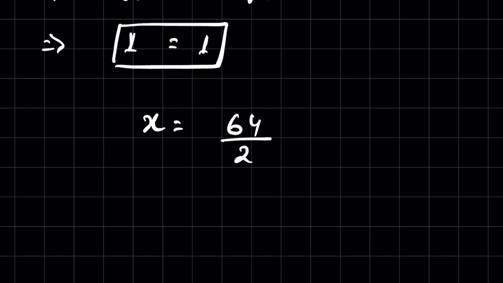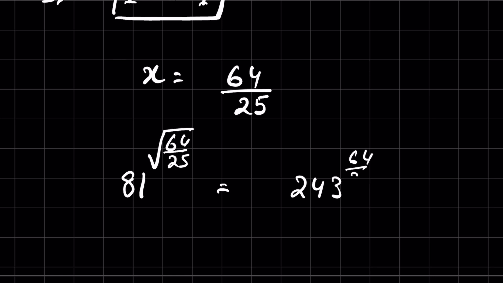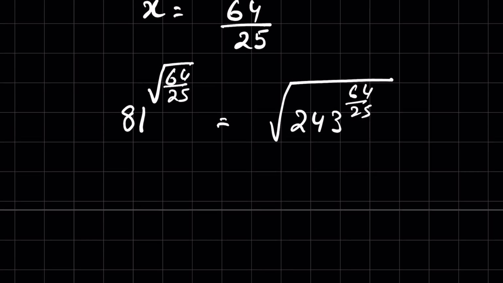Now when x is equal to 64 upon 25, let's check. 81 raised to the power of 64 upon 25 is equal to 243 raised to the power of 64 upon 25 under square root.